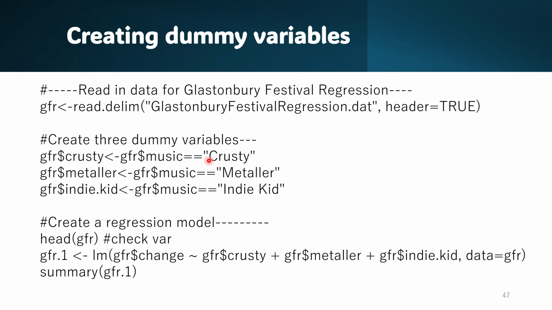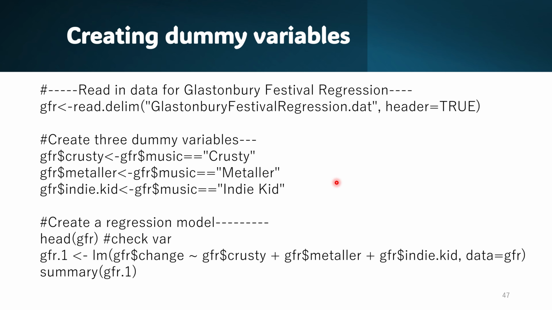A dummy variable means if the participant likes crusty, then it is 1, and otherwise 0. If the participant is metal, then 1, and otherwise 0.